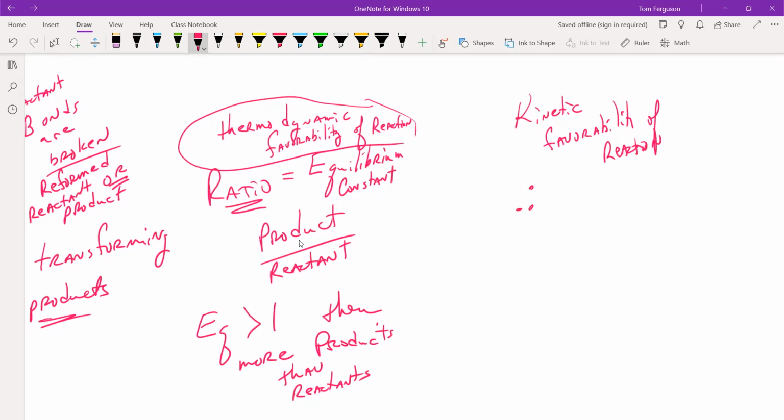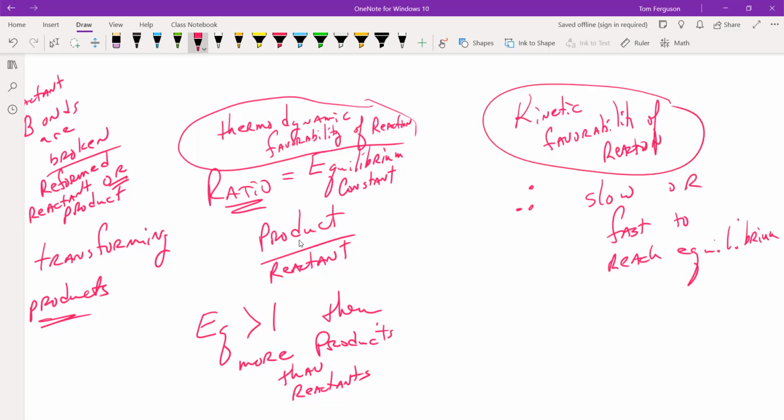That is, is it slow or fast to reach equilibrium? Let me give you an example of that. All of you have heard of a diamond. All of you have heard of charcoal.